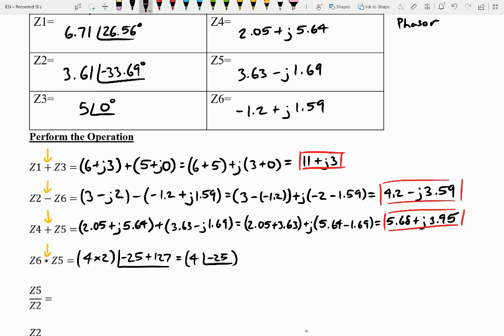These are the same ways of writing that. But when we multiply this out and add, we'll get 8, then 102. So magnitude of 8, an angle of 102 degrees. I'm not looking so bad so far.